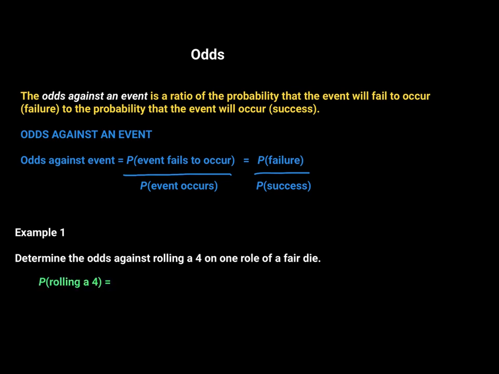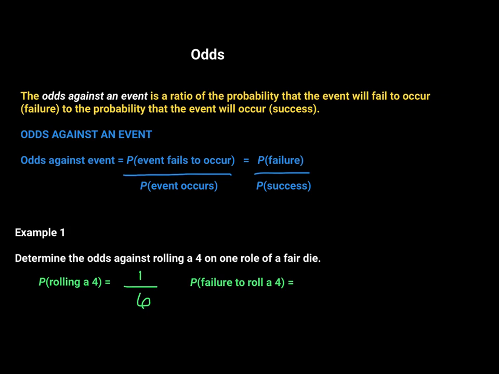To get us started, let's figure out the probability of rolling a 4. Now we know the probability of rolling a 4: there is one favorable outcome out of 6. So that's the probability of rolling a 4. Now let's figure out the probability of failure to roll a 4.